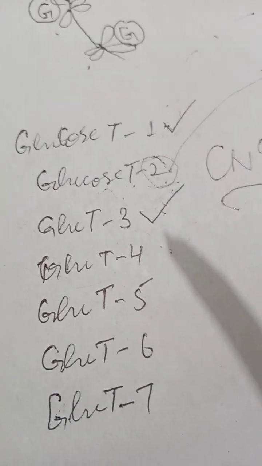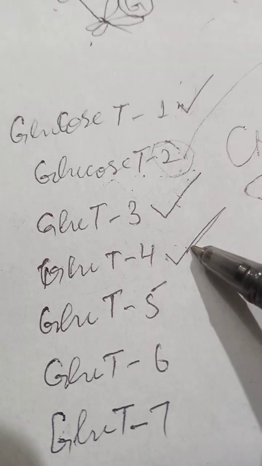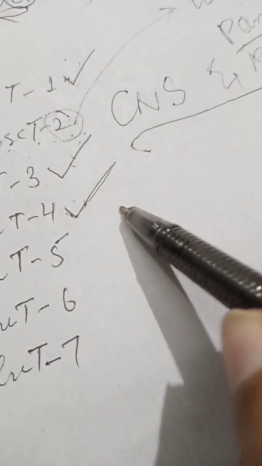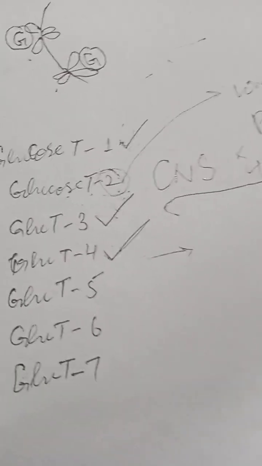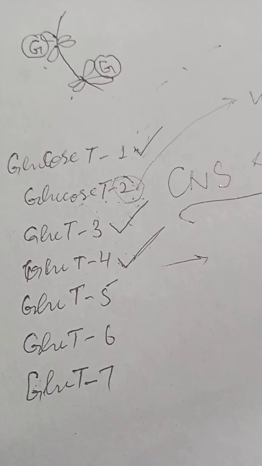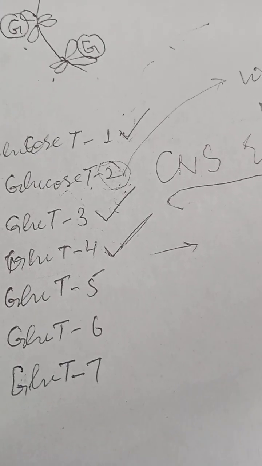Then go towards the glucose transporter 4. We know, any guesses where it can be present? It is present in skeletal muscle cells and adipose tissues. Why? The answer of the why lies in its specialty function. So glucose transporter 4 is dependent on insulin.